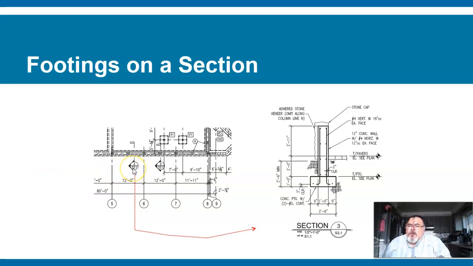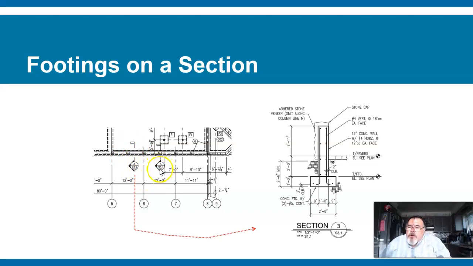And S usually represents the structural pages, so remember S for structural. Then on S3.1, you'll find a page, then look for the location for drawing number 3, and it'll show you what it looks like through this part of the foundation. Then over here is 5 S3.1.